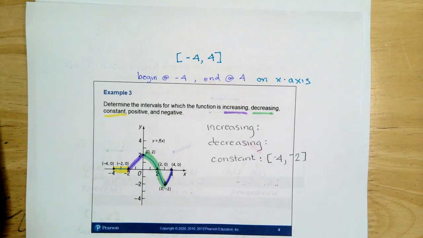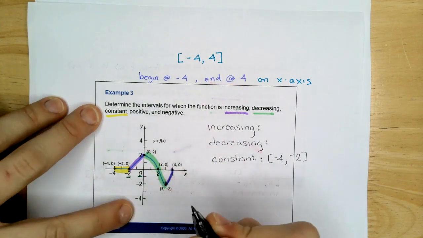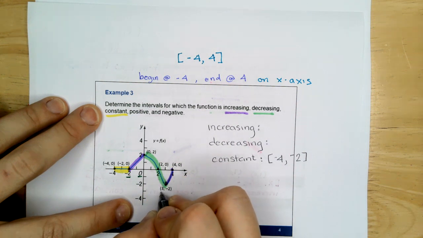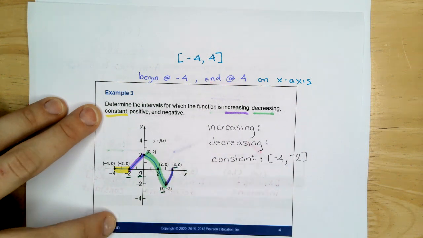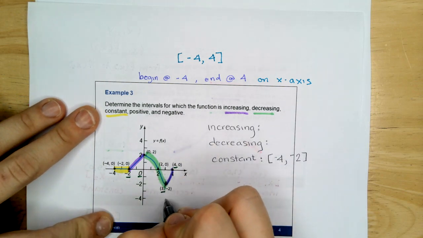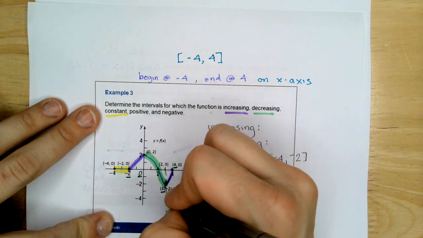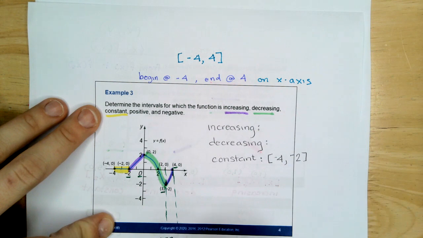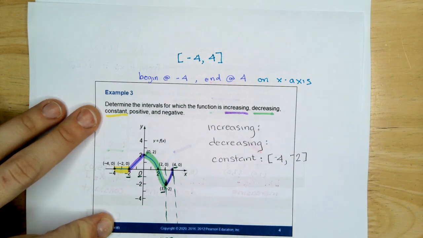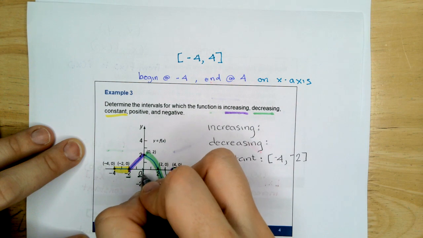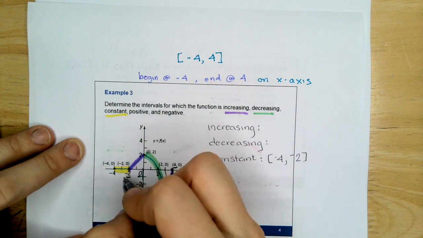So it's increasing from -2 to 0, and then it's increasing again from +3 to +4. So where x equals -2 to x equals 0, it's increasing.